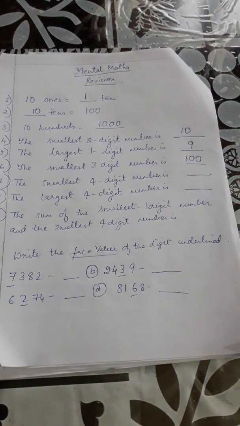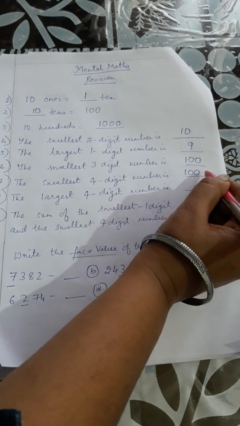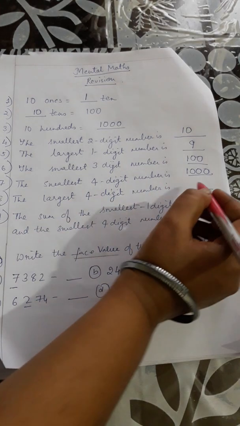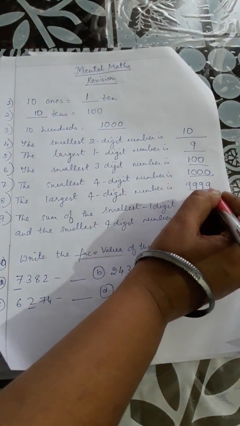The smallest four-digit number is 1 followed by 3 zeros. Next, the largest four-digit number is 9999.